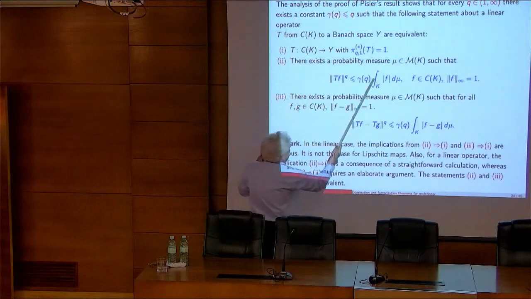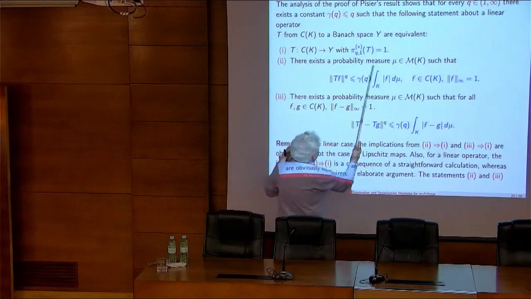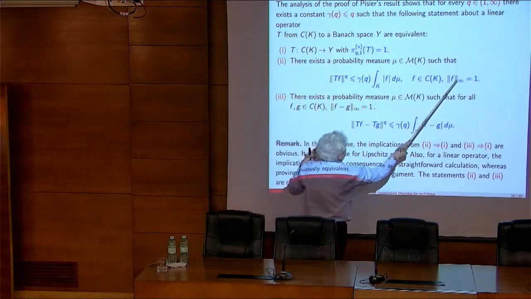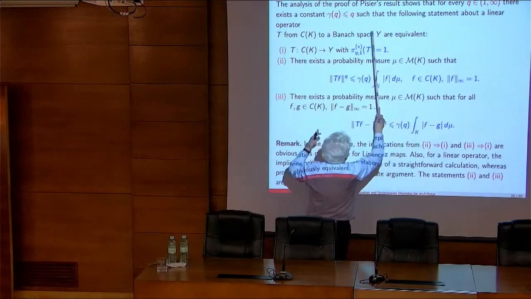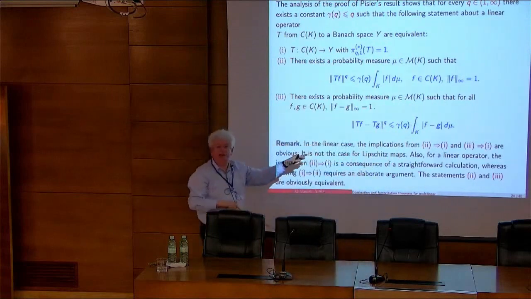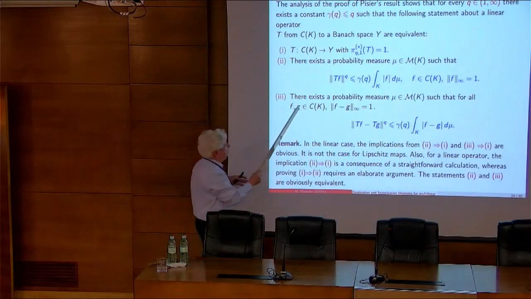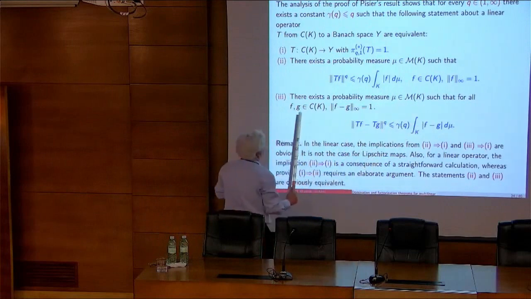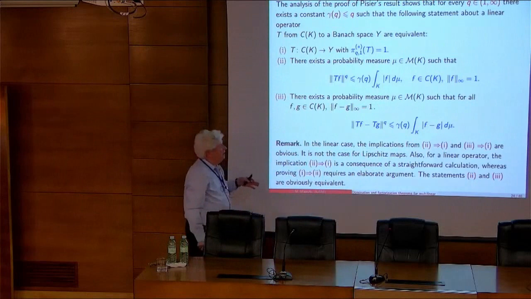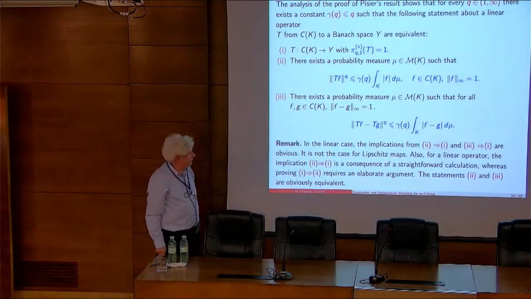So there is a probability measure for which we have this estimation with a universal constant, which depends on Q, because Q is fixed, and this estimation is on the unit sphere of C(K). And there exists a probability measure on K for which we have the following Lipschitz-type estimation.